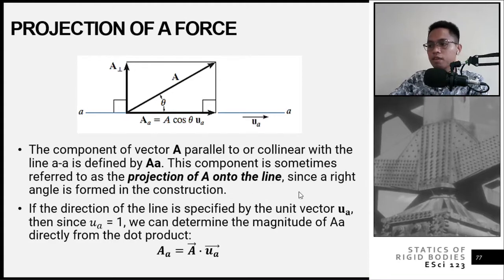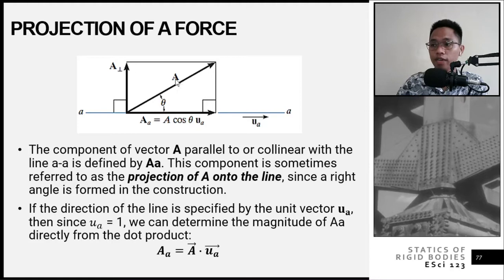Since a right triangle is formed in the construction, we have the magnitude of A times cosine theta. If we only need the magnitude, what comes out is a scalar.